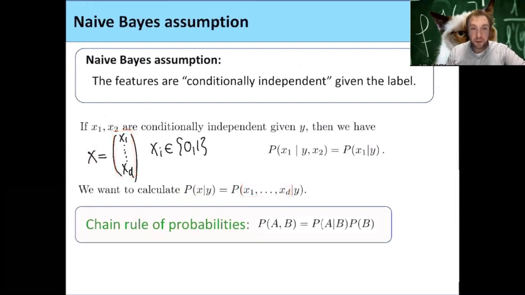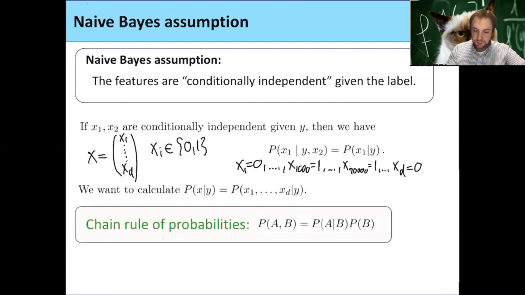So for example, in our example with hello students, x1 is 0, so it was not there, everything is 0, and then x1000 is 1, and then maybe x20,000 for the word student is 1, and then xd is 0.